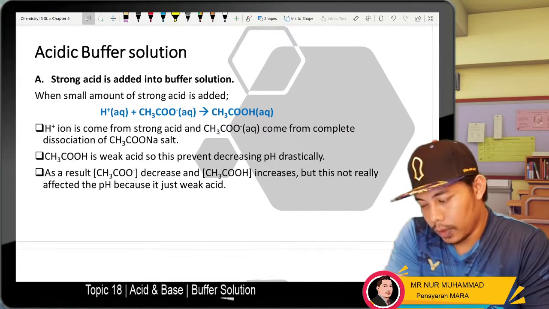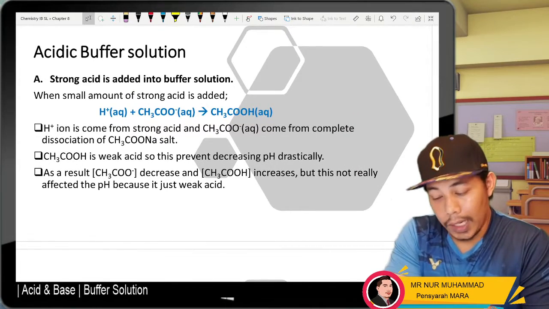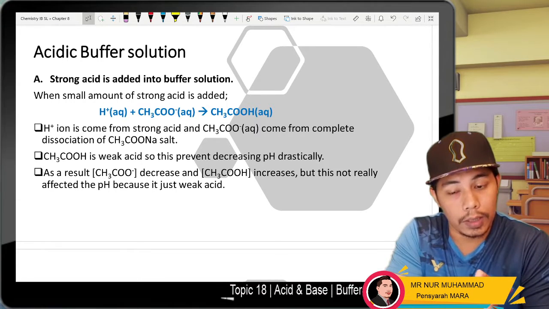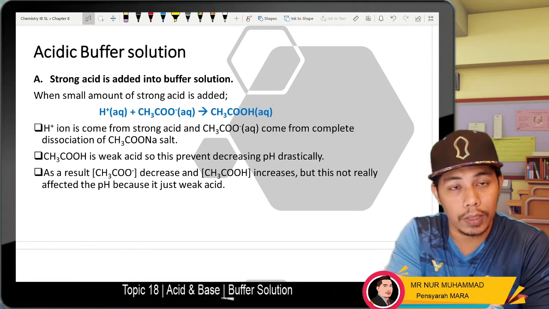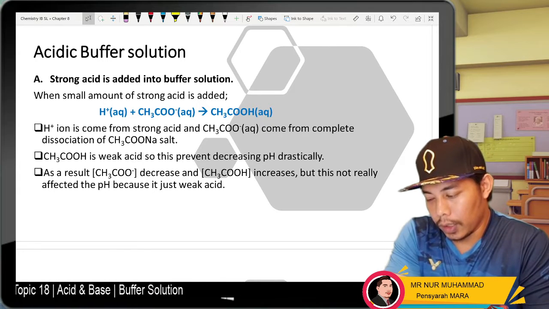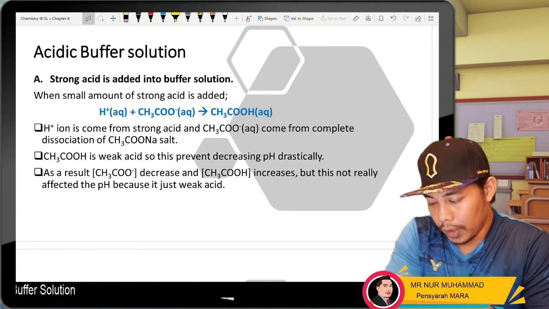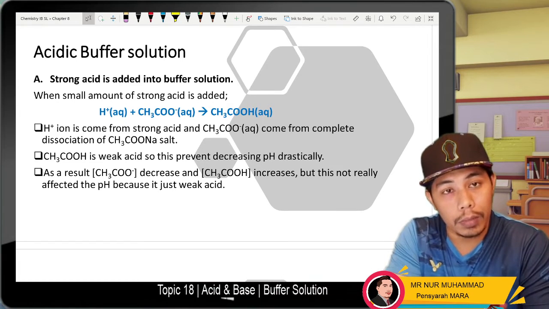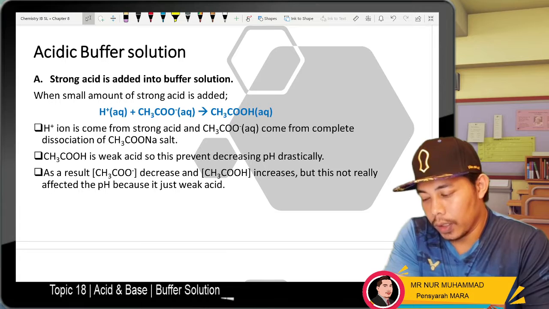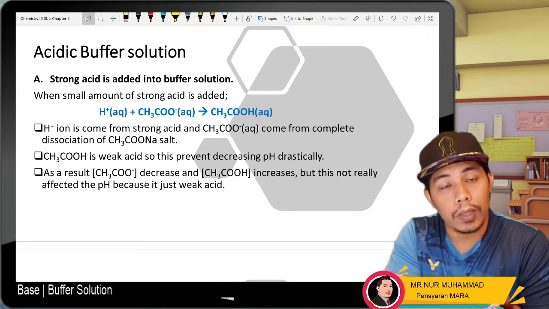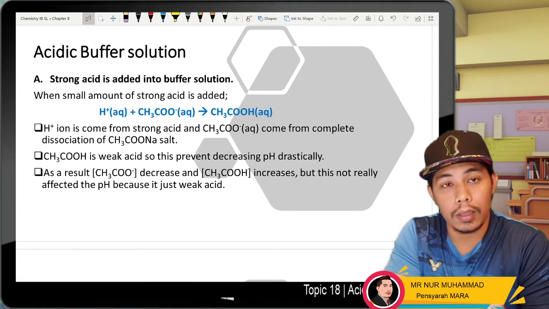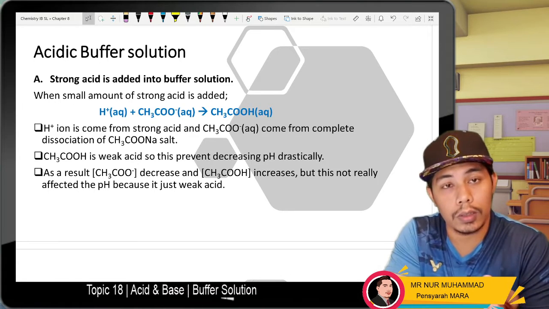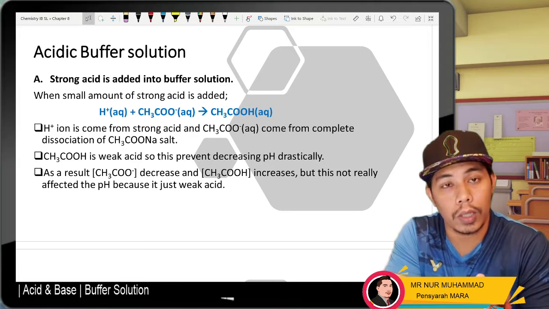Now, how does an acidic buffer solution resist the change of pH? Part A: what happens when a strong acid is added into an acidic buffer solution? As we know, a strong acid in aqueous solution dissociates or ionizes to produce hydrogen ion.